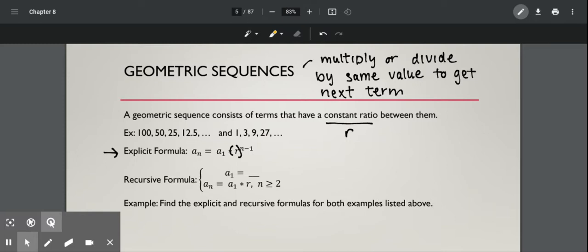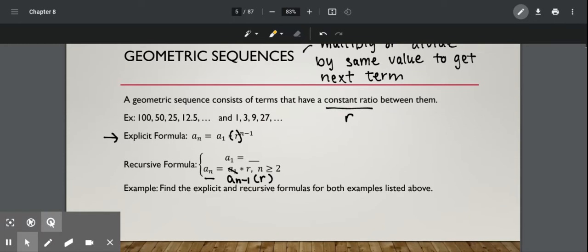And your recursive formula is your first term, and then the next term, this should have said, fix that, A sub n minus 1 times the ratio. That's a little typo there. I think your formula sheet, though, is correct, so I imagine you'll be looking at that more.